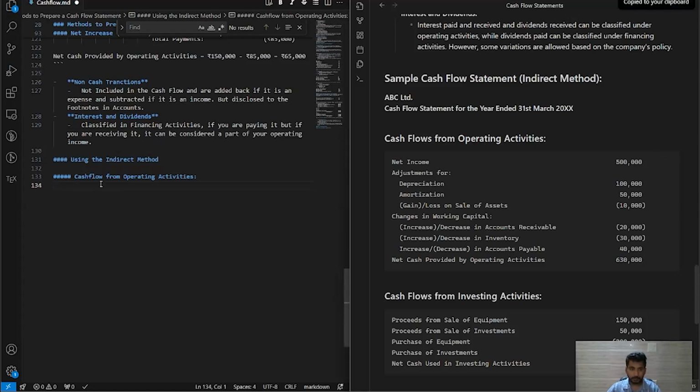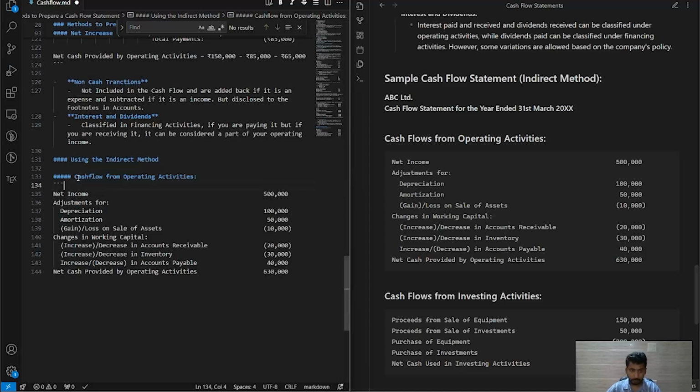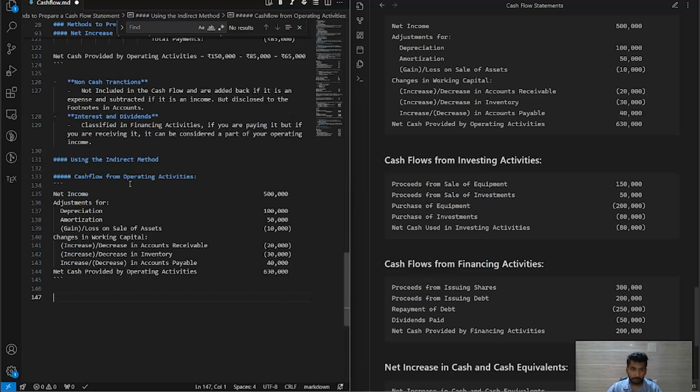It will be this. After that, the cash flow from investing activities.